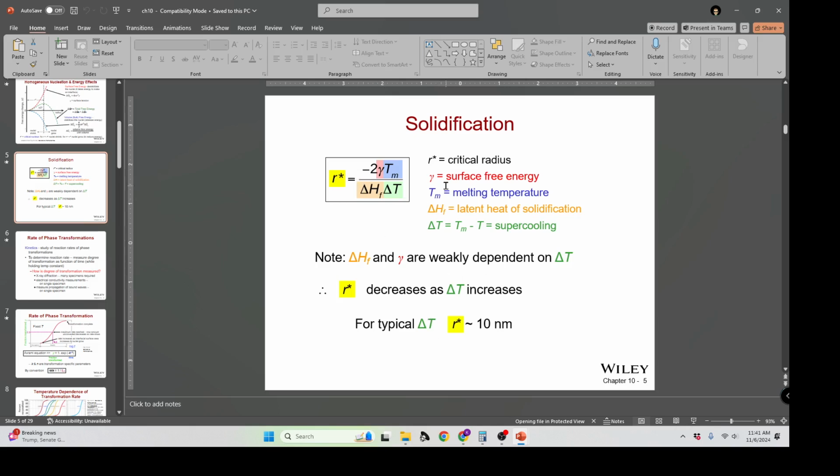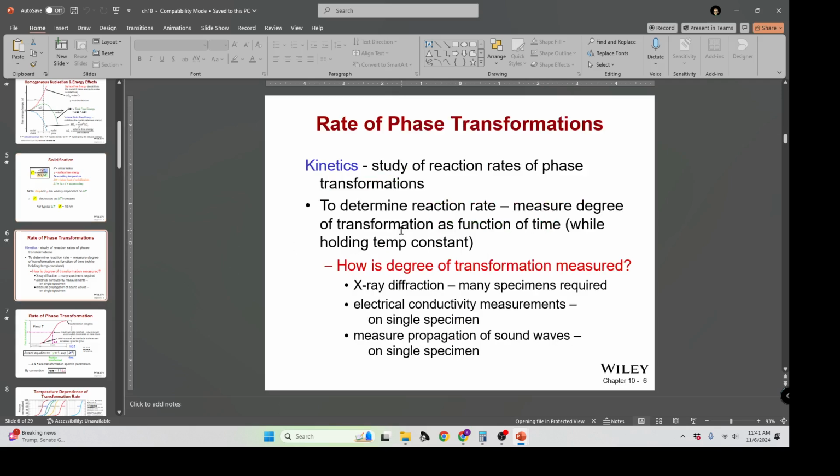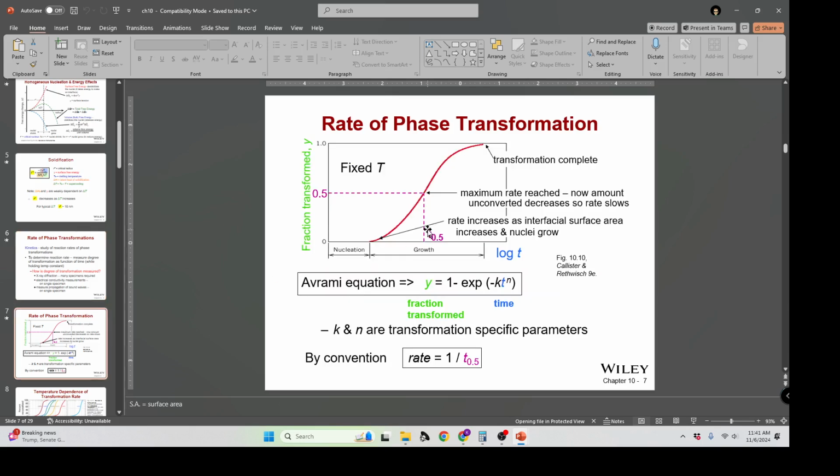So the solidification process can be described in terms of the latent heat of solidification and the degree of supercooling, i.e. the delta T. The kinetics, meaning how fast that reaction takes place, is temperature dependent. That can be monitored through things like X-ray measurements. We have a description of the slope of growth.